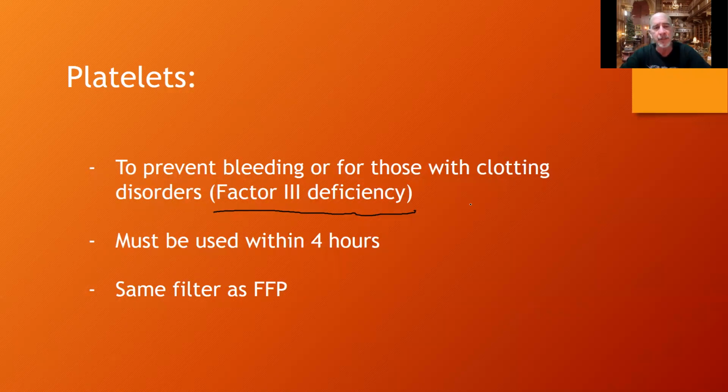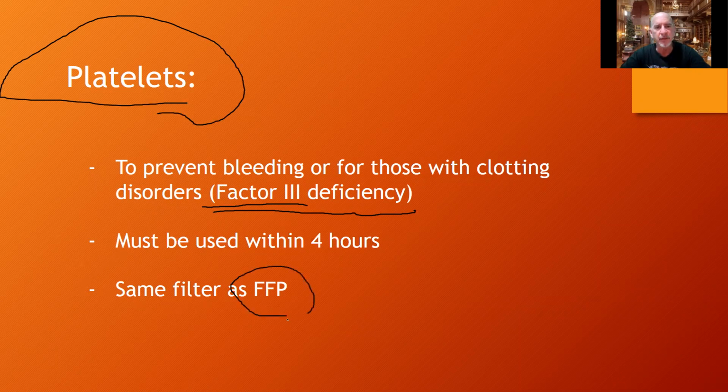And some people are genetically born, they're just not producing one of those factors. And that presents clotting problems. So there's a variety of medications we can give them to help fix that. But every once in a while, they might need platelets as well. It uses the same filter as fresh frozen plasma, and like blood, make sure you use it within 4 hours.